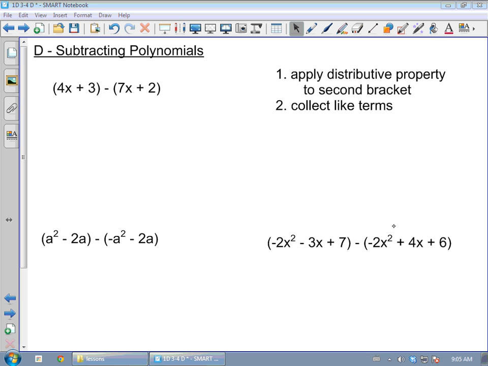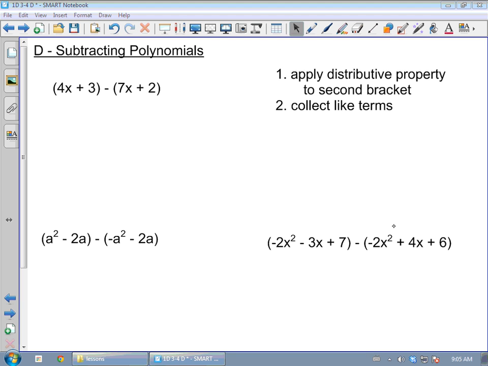Okay, subtracting polynomials. So let's go back to the first two polynomials that we started with, our two binomials 4x plus 3 and 7x plus 2. But this time, we want to subtract these two things. Now, one of the things that we talked about in the last lesson was the distributive property.